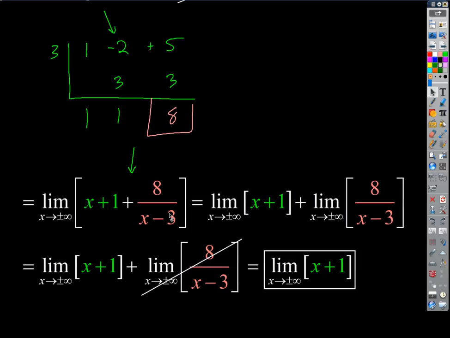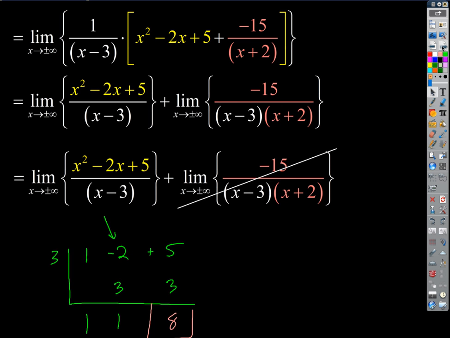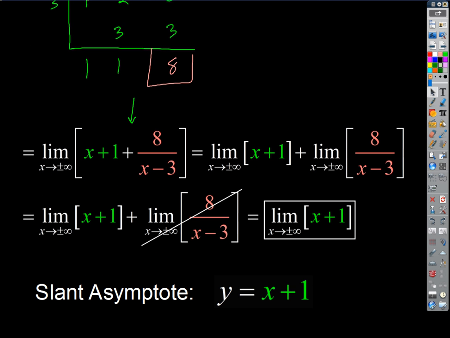But once again, in the limit that x goes to plus or minus infinity, that second part is going to vanish, right? And so all I'm left with is the limit of x plus 1, which just means that that's the slant asymptote, right? All the other terms went away, okay?